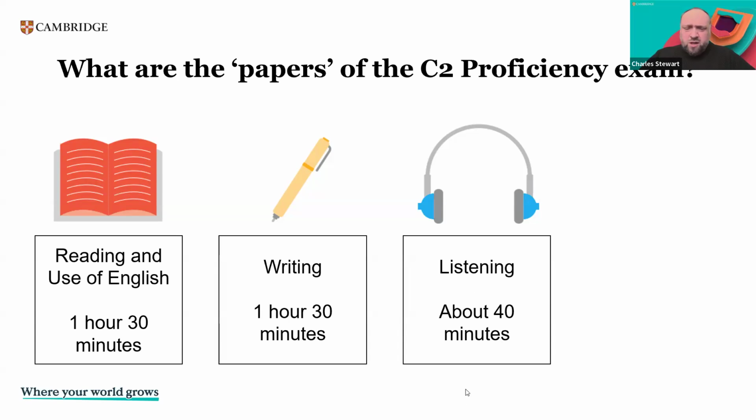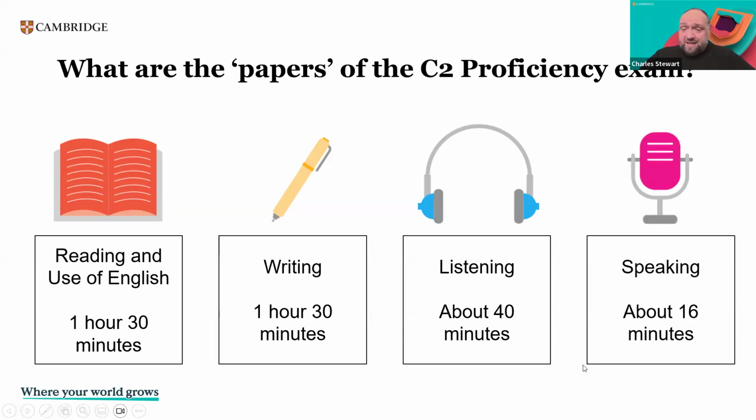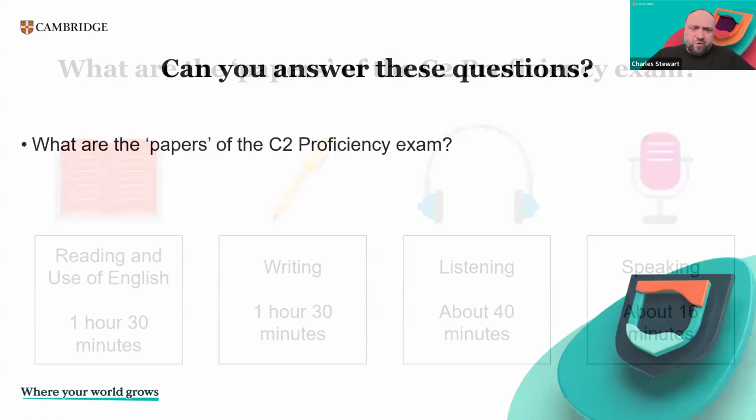We'll talk about this a little later in the session. The fourth paper, of course, is the speaking exam, which lasts around 16 minutes, depending on a few factors, but typically around 16 minutes.